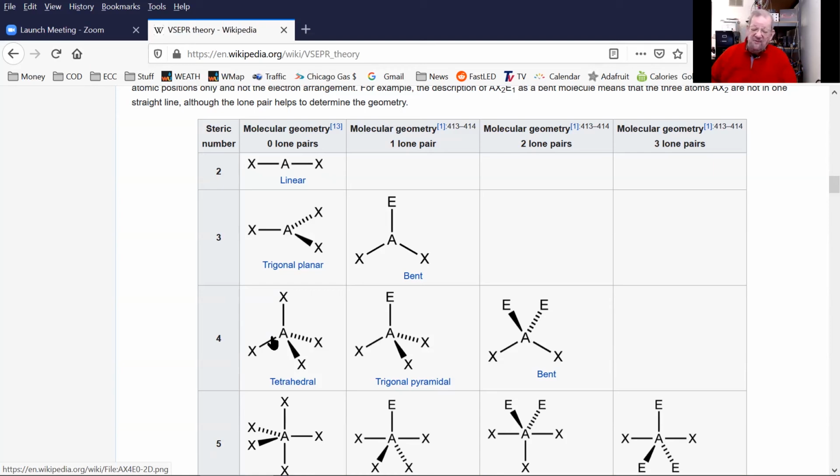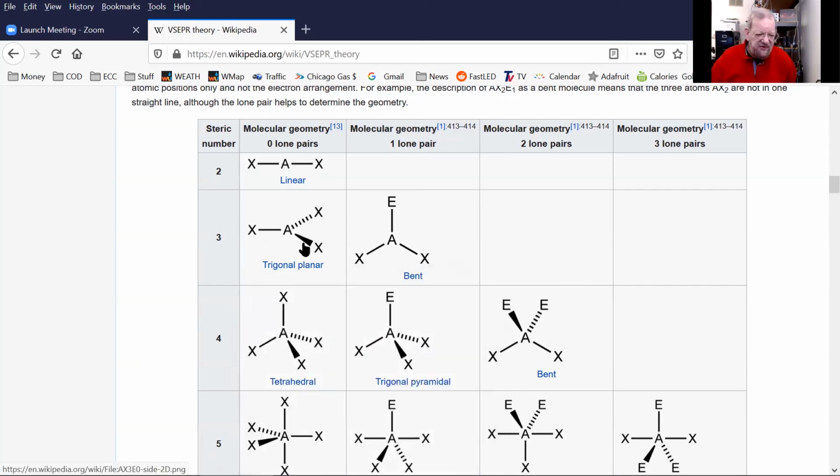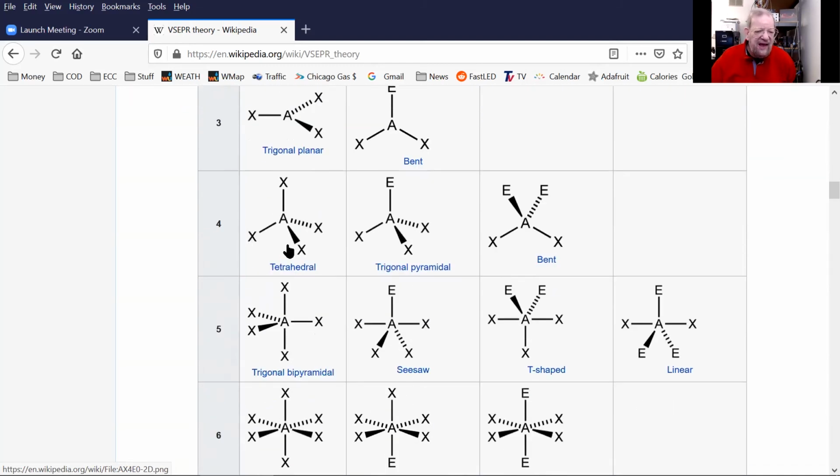Other stuff I don't know about, but chemical, it's valid. And here are the different shapes depending on how many pairs of valence electrons there are, and also how many lone pairs.